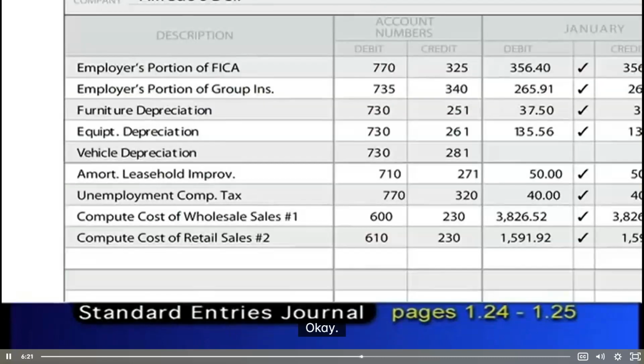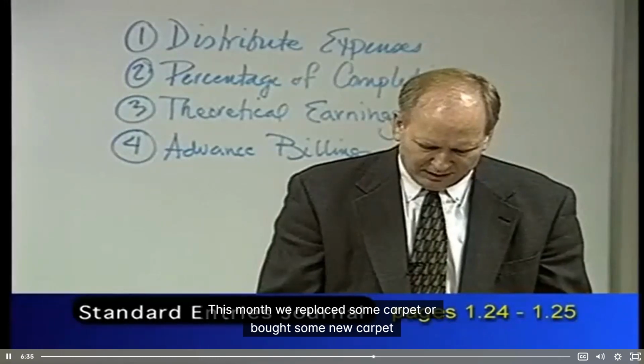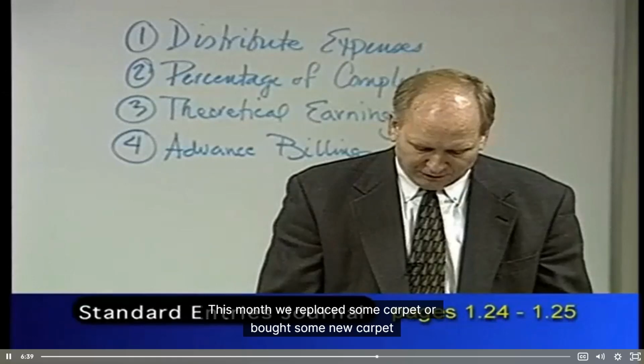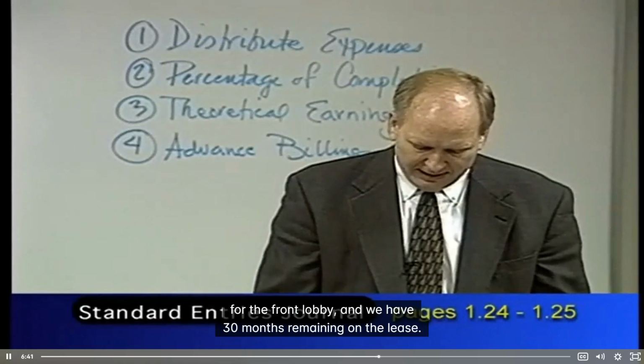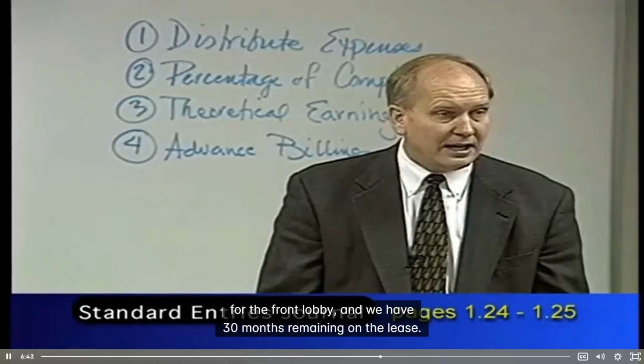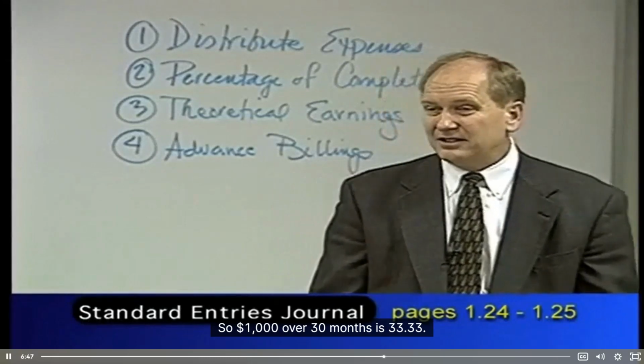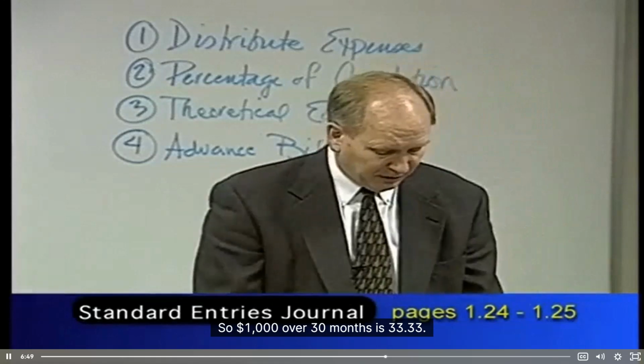Okay? Our last depreciation entry is actually amortization on the leasehold improvements, correct? Now we amortized $50 last month. This month we replaced some carpet, or bought some new carpet for the front lobby, and we have 30 months remaining on the lease, so $1,000 over 30 months is $33.33.